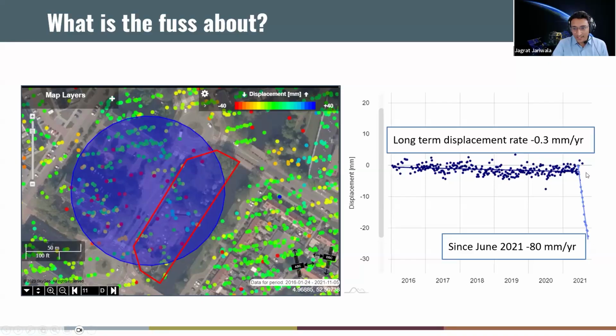And then suddenly there is an acceleration since the middle of 2021. For folks who are SI unit challenged, this is a little more than 3 inches per year worth of movement. Now juxtapose that with the understanding that the dewatering started in the middle of 2021. With that, the conversation with the contractor to stop with dewatering becomes really easy.